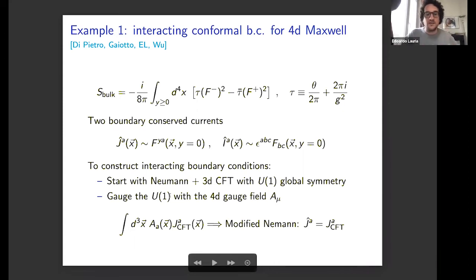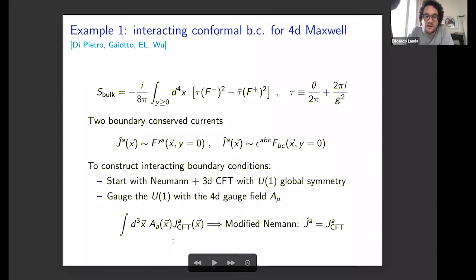So for every 3D CFT with a U1 global symmetry, you can couple it with the Neumann boundary conditions for the free vector by writing down this marginal coupling here.